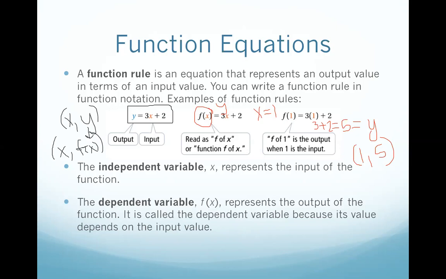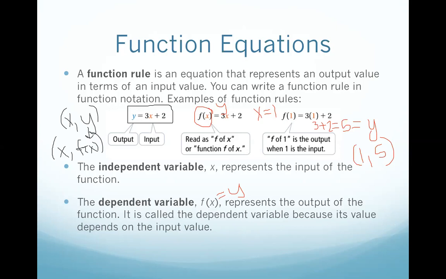So y, or f of x, represents the output of the function, and the output depends on what we put into the function. If I had put a different number into the function, I would have got a different output. And that is what makes this a function. What makes it a function is that if I put a different value of x, I would have gotten a different value for y.